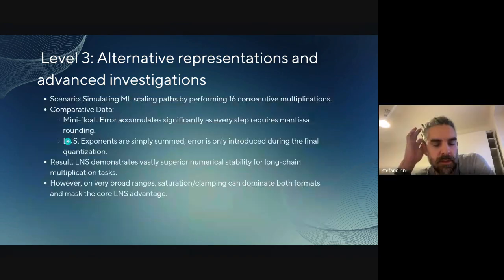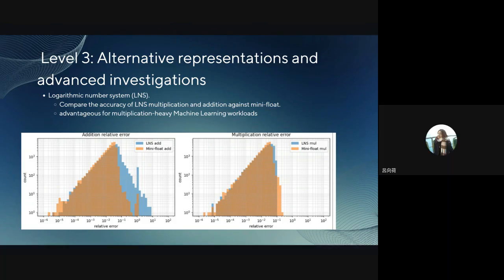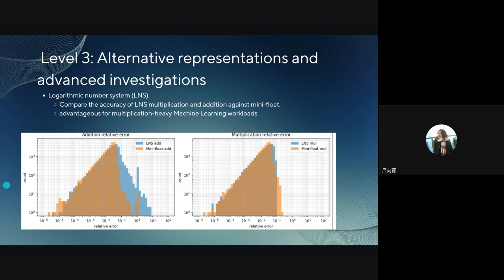So here, stay there. Can you go back? Yeah, stay here. Which minifloat representation do you pick here? How many bits in the mantissa, how many in the exponent? Let me check.